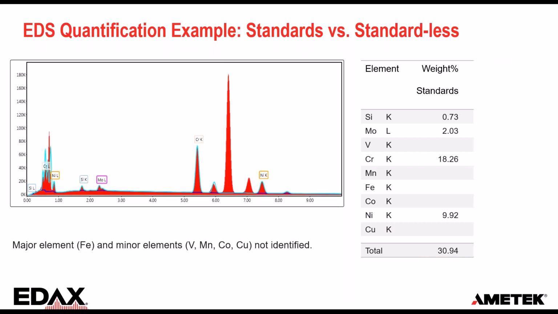So now I'm gonna take that to an extreme case. Additionally to all the elements removed previously, I remove iron from the list. And the quantification with standards already shows us 30% only. So here we have a strong hint that something is not okay.